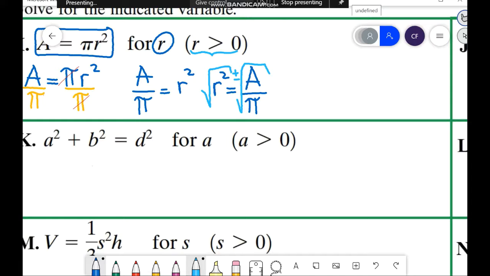You don't have the radius of a circle as a negative number, right? So you don't need to be worried about negative solution. You're only going to have positive solutions or 0. Simplify. The answer is r equals square root of capital A over pi.